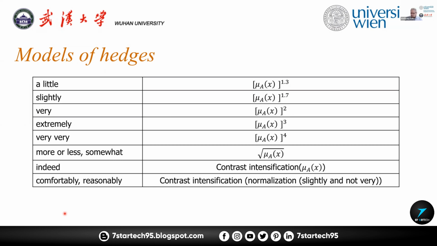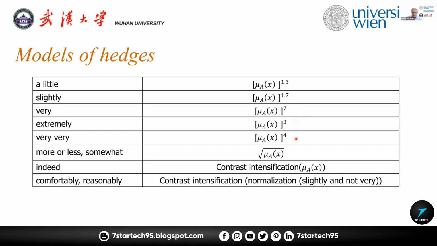Now, for all these expressions, we can use the operators that we just saw on the previous slide. For example, for a little, we use a concentration operator with the power of 1.3. For slightly, we could use the power 1.7, and for very, we could use the square, the power of 2, and for extremely, we use the power of 3.